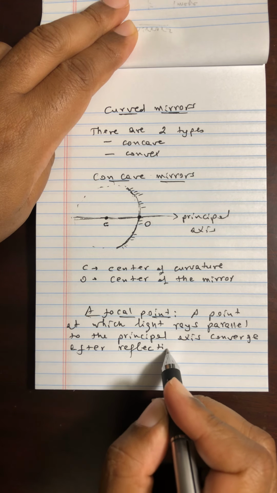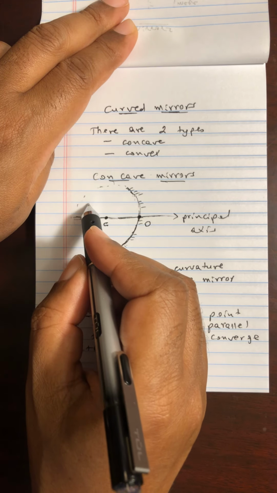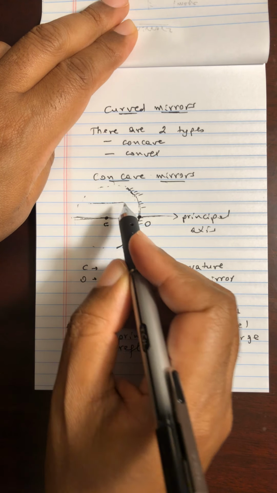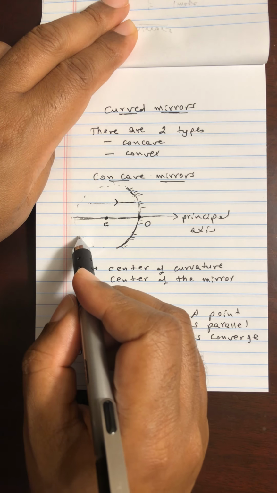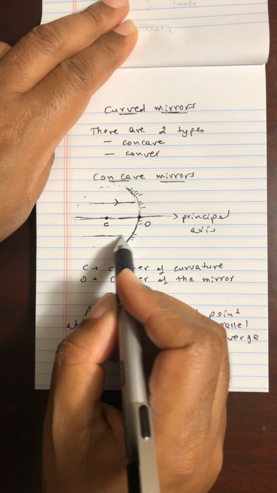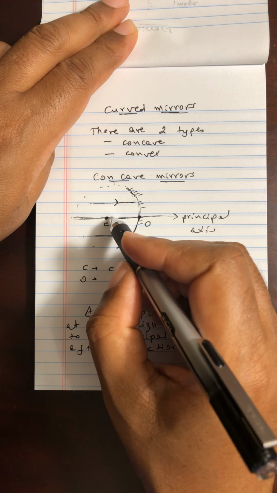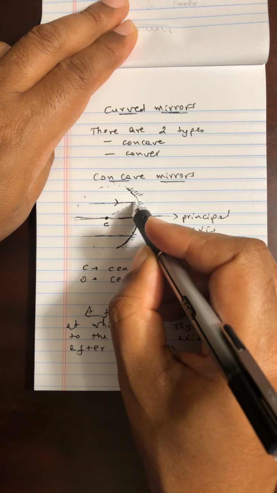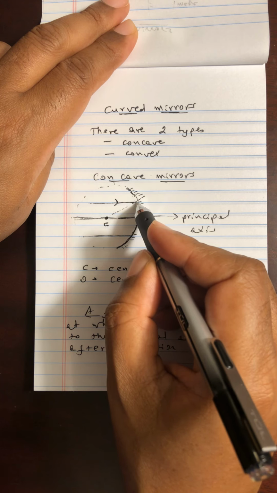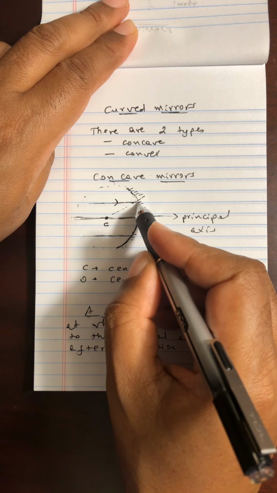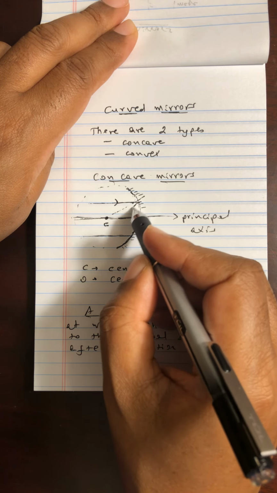Okay, so let's take a couple of light rays parallel to the principal axis. Let's say one goes this way, and we have another one over here. In this case the normal line is the radius. This is the angle of incidence, and it's reflected back like this.